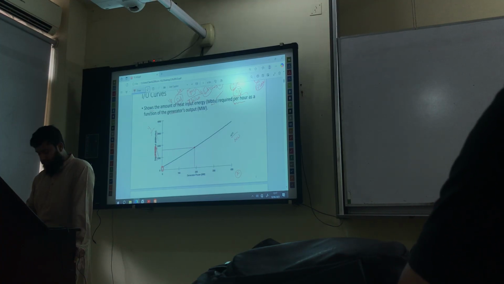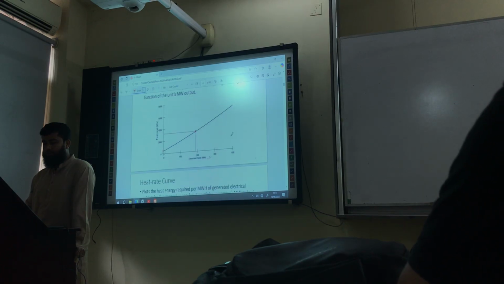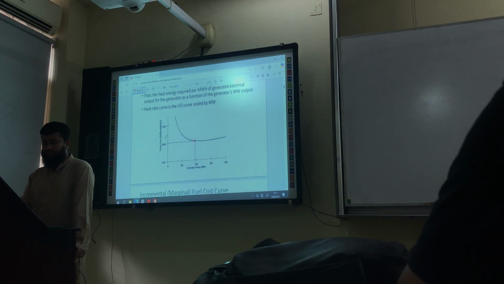Then you will get this curve. That's why in the y-axis it is written as heat rate and the unit is MBTU per megawatt hour. Previously it was MBTU per hour, right? As you are dividing the input-output curve by megawatt or by the total generation, the unit is now MBTU per megawatt hour. Okay, then you will get this heat rate curve.